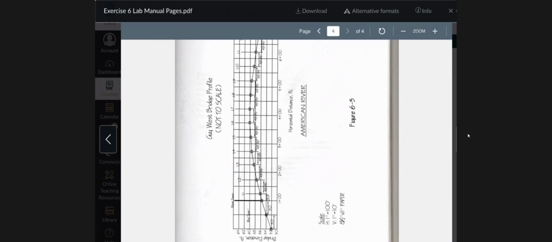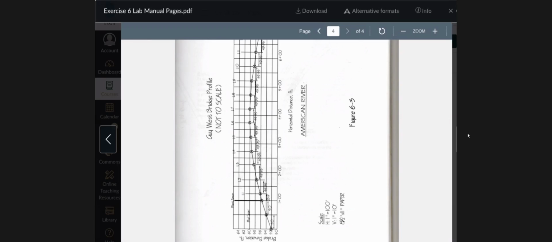I know it's going to be hard to grade this. Normally I would get a scale out and make sure you drew it to scale, but because you were submitting this electronically, I am not going to take the time to print all of these out and measure them. But I can tell by looking at it if the scale is off, at least the ratio of the horizontal scale versus the vertical scale.